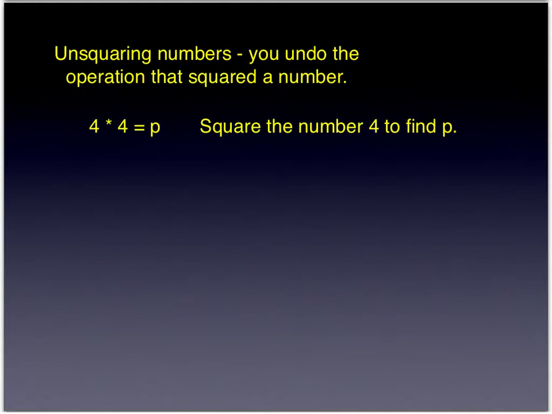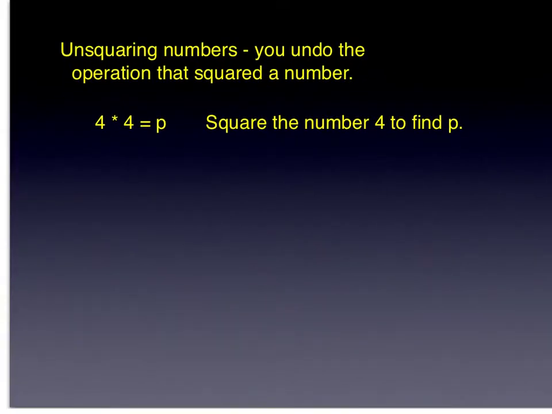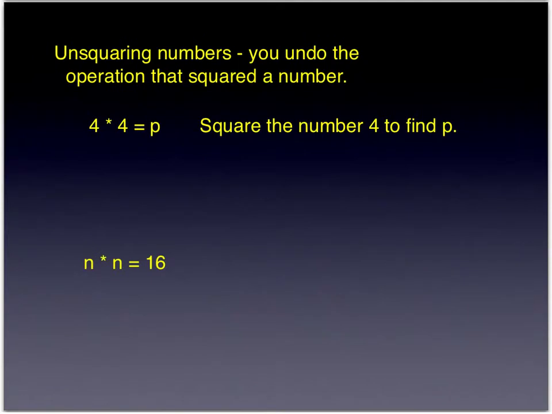So 4 times 4 is the same thing as 4 squared equals p. But when you're unsquaring, you're looking at n times n equals 16. You're unsquaring the number 16 to find n.